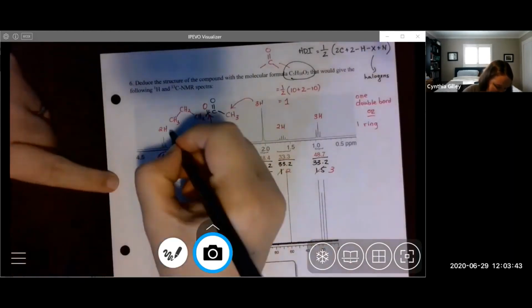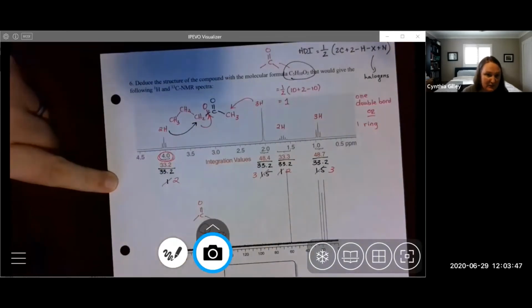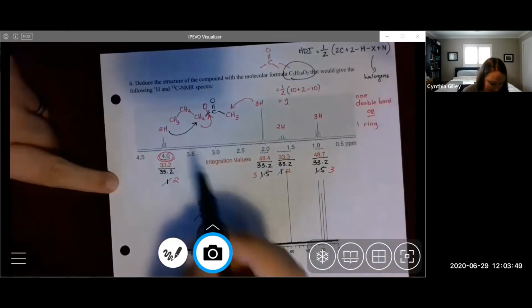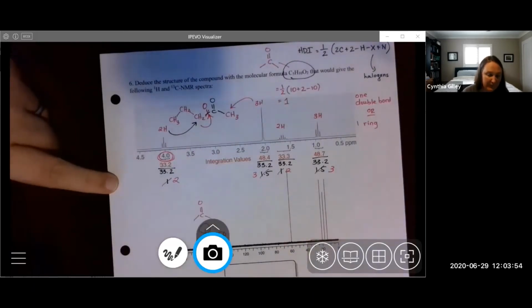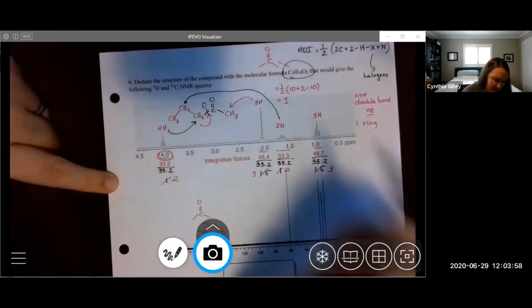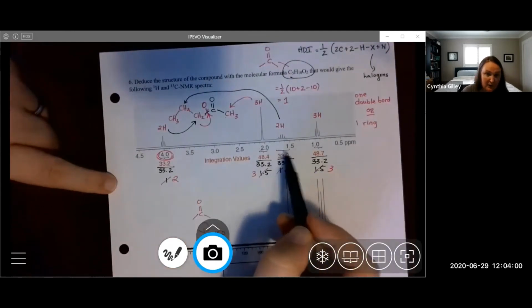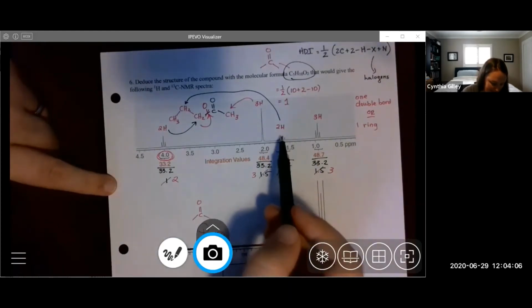It's a triplet, so it has 2 neighbors, so I will put it next to another CH2. And it has a high shift of 4, so it's definitely going to be next to an oxygen. The other CH2 is not as far downfield, it's more upfield because it's not as close to an oxygen. It's more split because it has more neighbors.